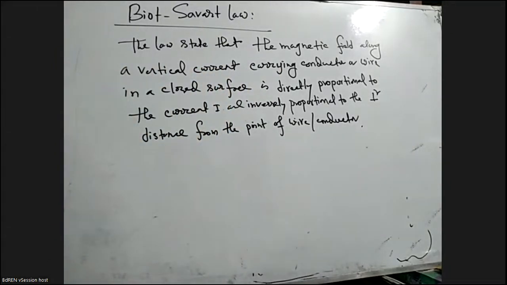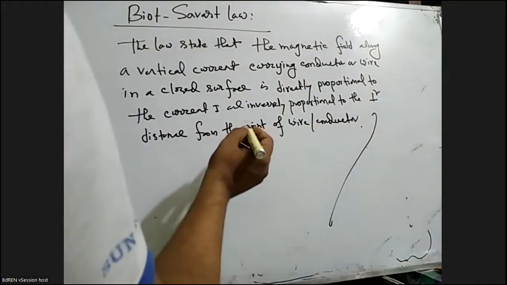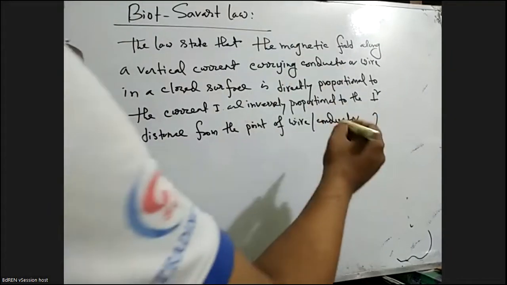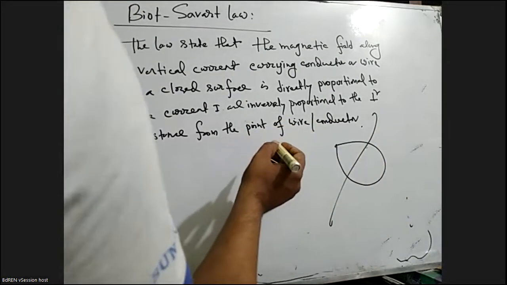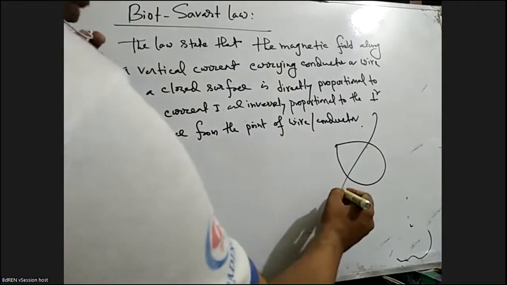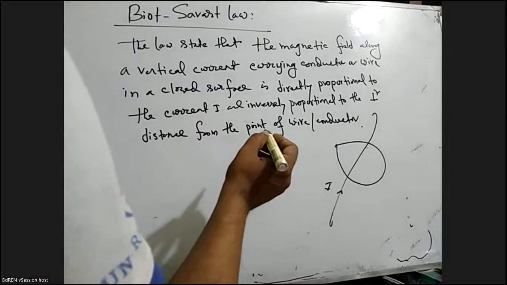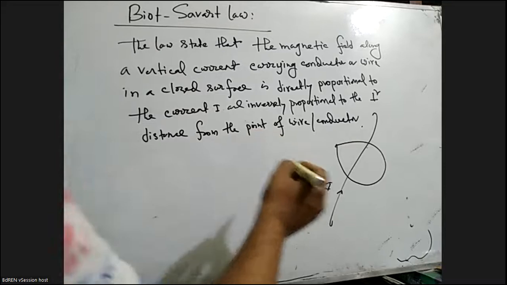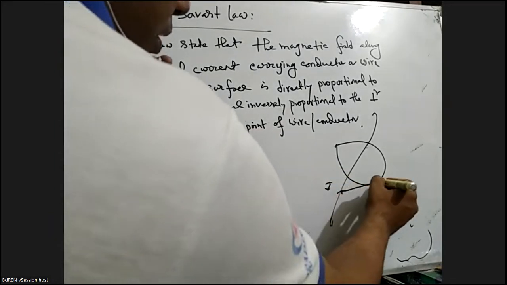That means if we take any point like this, suppose this is the direction of the electric current I, and this is the dB.